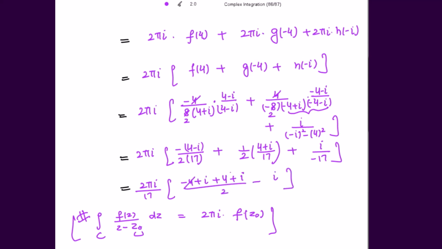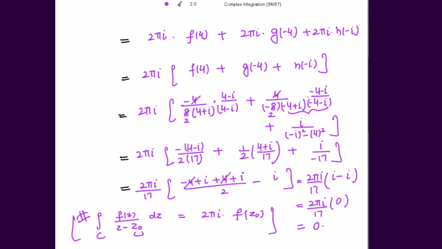So minus 4 and 4 cancel out. So here I am having 2 iota over 2, that is iota. So this is equal to 2 pi iota over 17, and here I am getting iota minus iota. That is equal to 2 pi iota over 17 into 0, which finally comes out to be 0. So the solution for the given integral is 0.